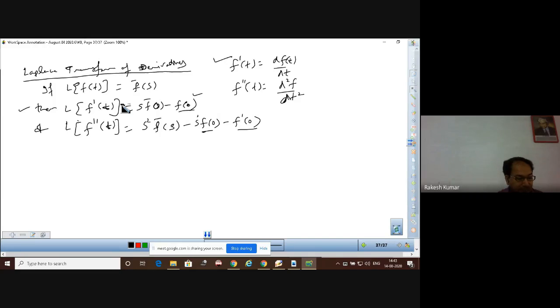So one more, this will be used in further questions. So that is why it is important to know about this rule. Then we have the Laplace transform of integral. This is another rule.